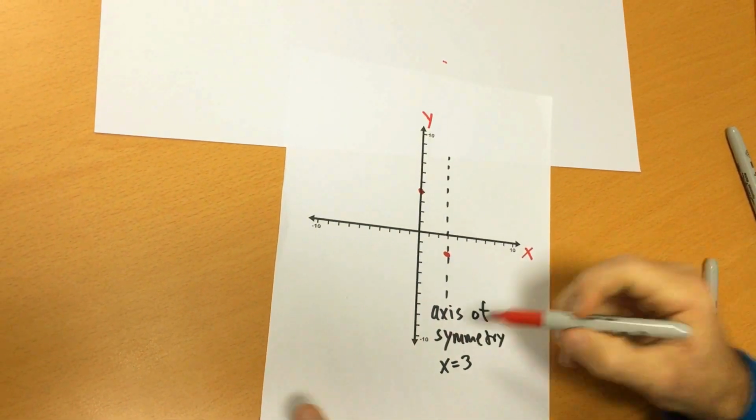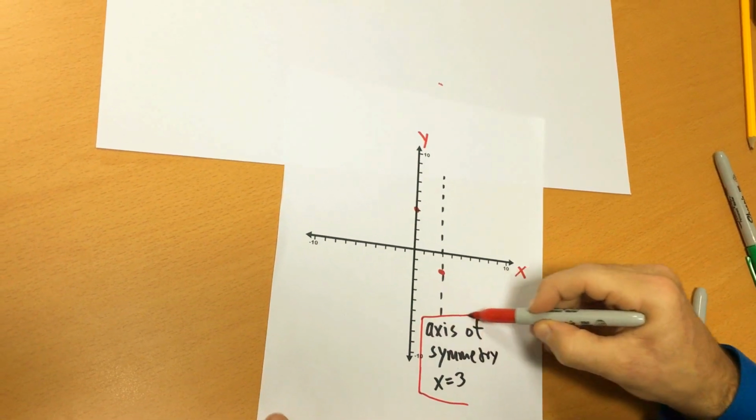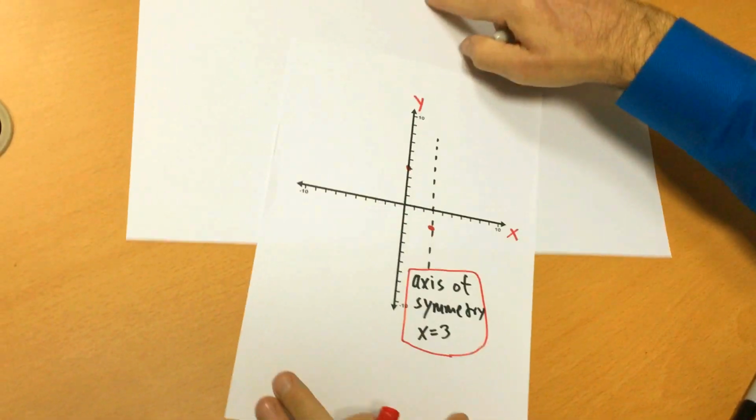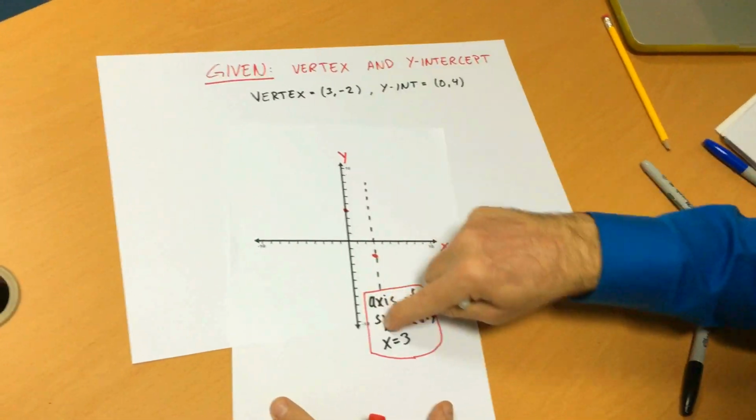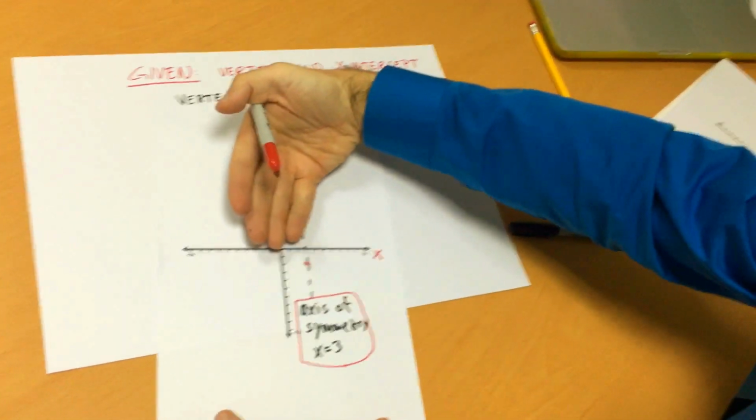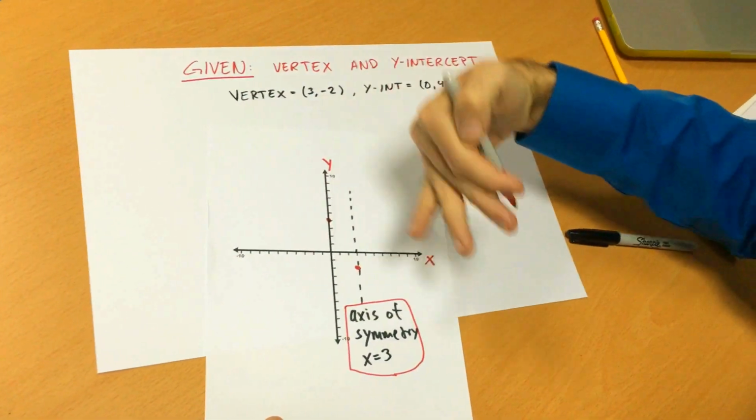And I know that it's x equal to 3 because it's the x coordinate of the vertex, you see? So that's my equation for the axis of symmetry. So I know that the parabola has to be mirror symmetric around this axis.